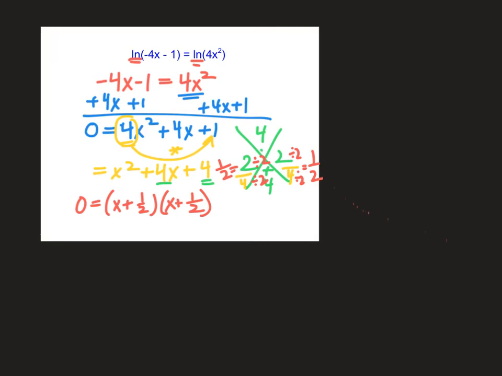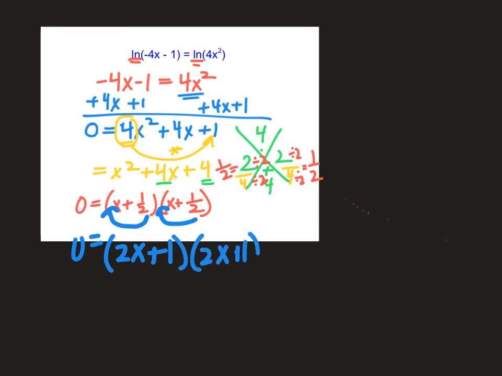Oh, actually, before we even go that far, we don't want a 1/2 on the bottom. Remember, you have to move that 2 so it's in front of your x. So this is really 2x plus 1 times 2x plus 1. That other thing I said about just solving for 1 is still true. So we're going to do 2x plus 1 equals 0.